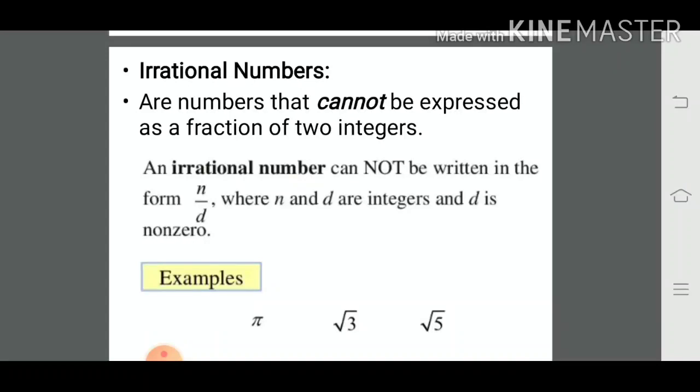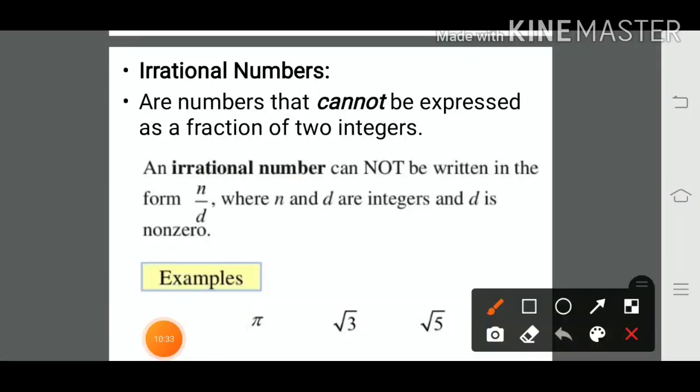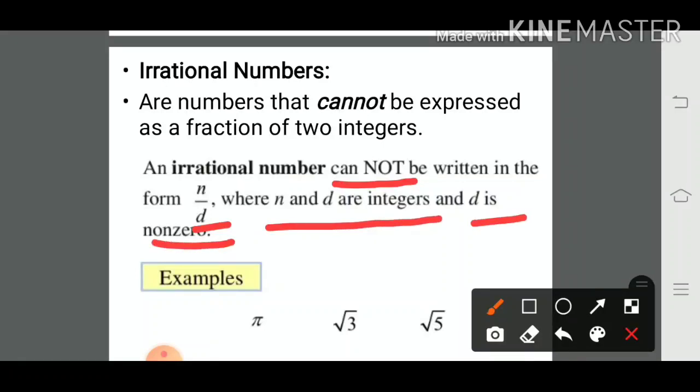So an irrational number cannot be written in the form of n upon d, that is, numerator upon denominator, where n and d are integers and d is non-zero. Meaning rational numbers can be written in the form of a fraction of two integers, and the opposite of that is the irrational number. What is the irrational number? That is, the irrational number cannot be expressed as a fraction of two integers.